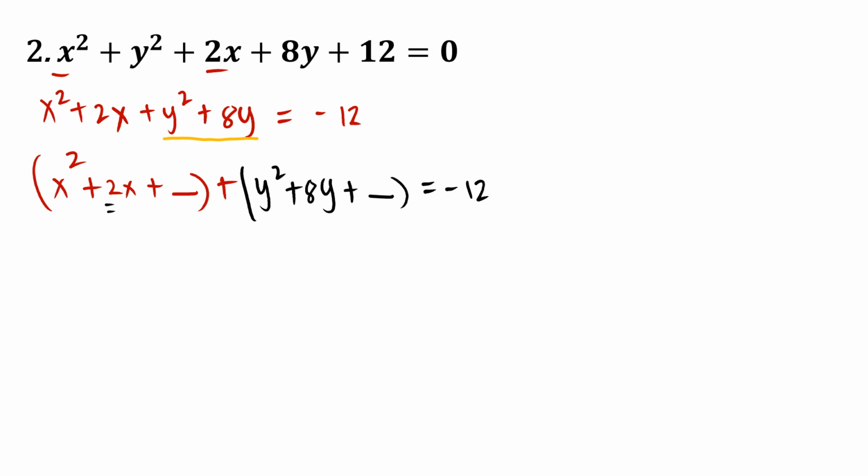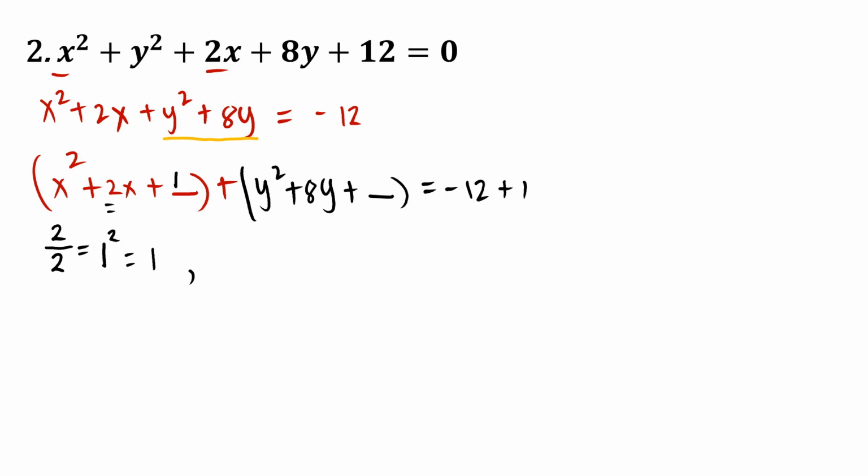So the 2x has a 2, and this is always a rule that we will always divide it by 2. So 2 divided by 2 will be 1, and then we always square the result. So it's a 1, so we will be adding a 1 here. Remember, we add a 1 on the left, so we will also be adding a 1 on the right because this is an equation.